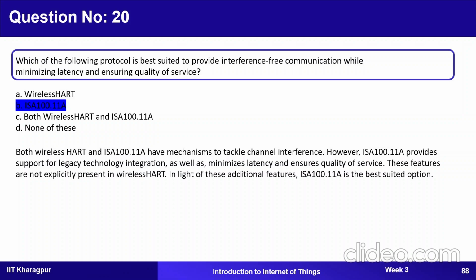However, ISA 100.11a provides support for legacy technology integration as well as minimizes latency and ensures quality of service. These features are not explicitly present in wireless HART. So the correct option for this question is ISA 100.11a.